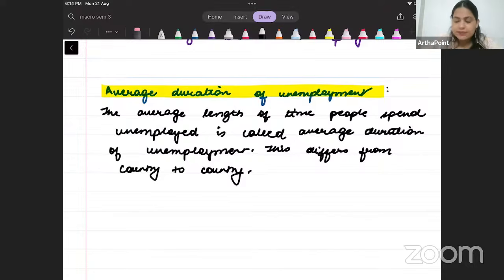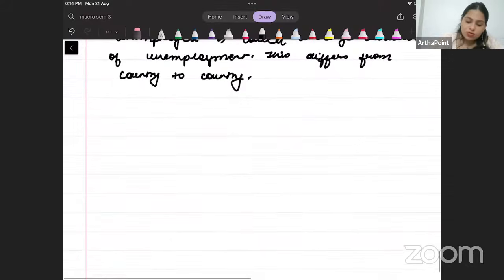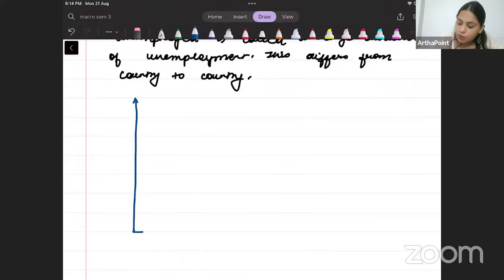People will not ask that. But still, because you are an economic student, you should be aware about some of the graphs and how to interpret those graphs. Okay, so I am just going to take you through one of that graph, and I'm going to explain to you what it means.